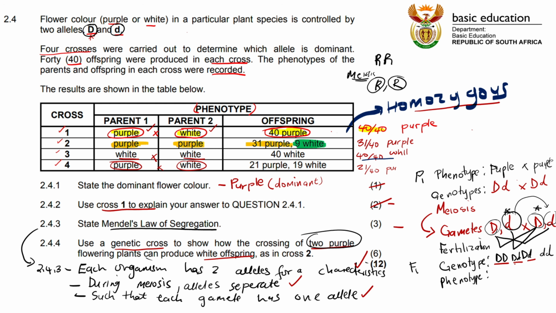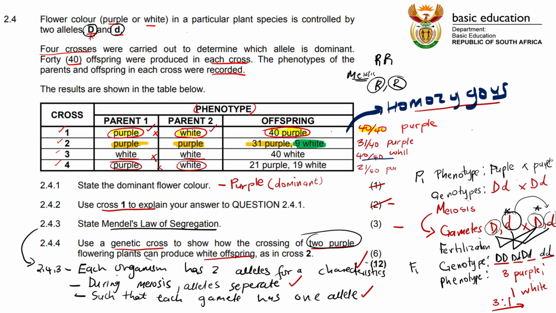Here, all of them are going to be purple because there is a dominant allele, capital letter D. So we have got 3 purple possibilities, and then we have got small letter d, that is 1 white possibility. So the ratio here is actually 3:1.